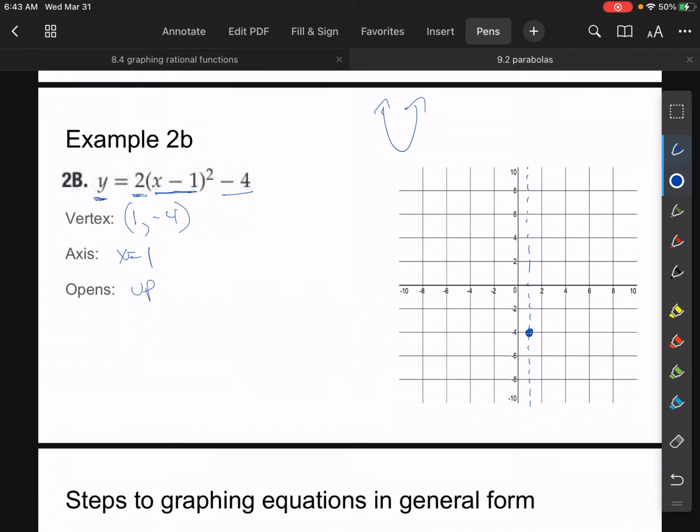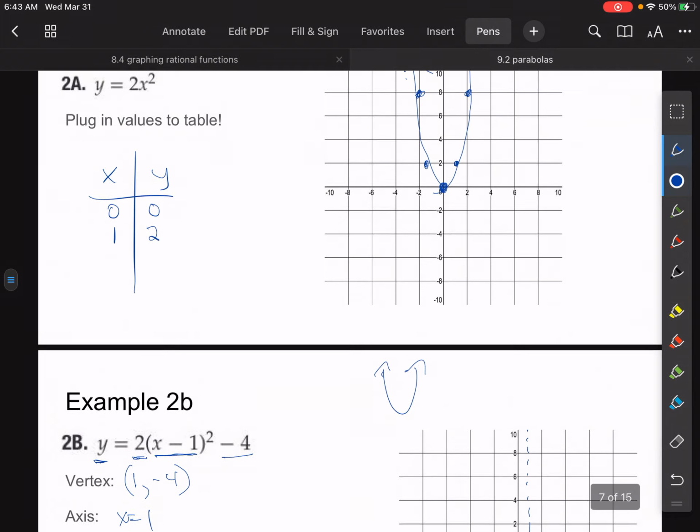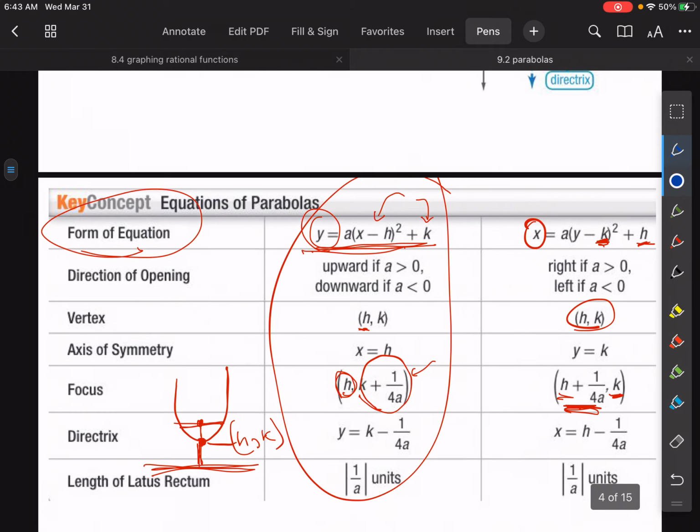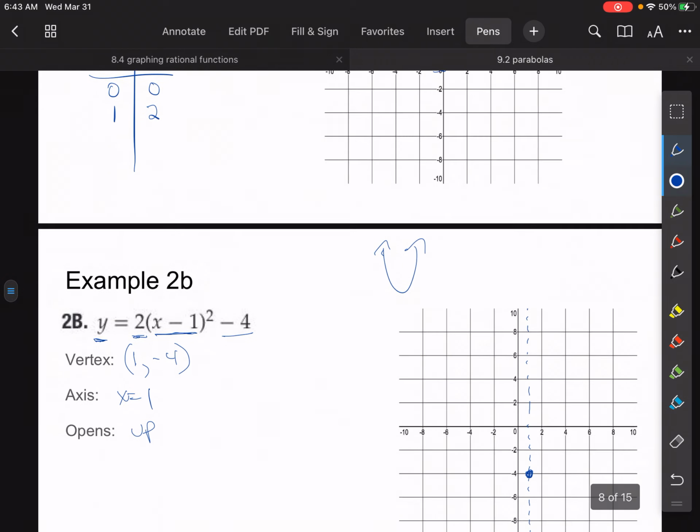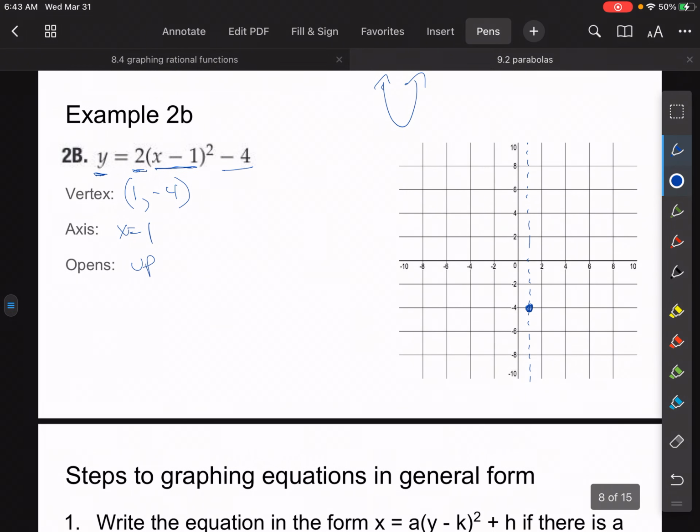Now at this point, I can either start using my chart to figure some of this out, or I can plug values in. Since I know this opens up, I can plug like a 2 in and see what happens. Plugging a 0 in would be interesting.